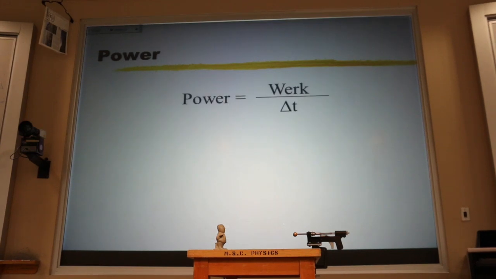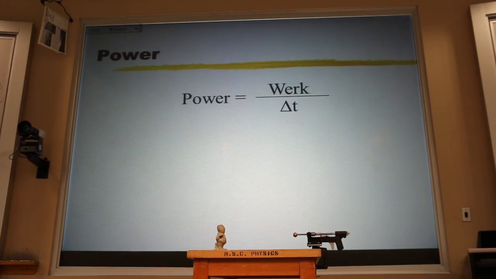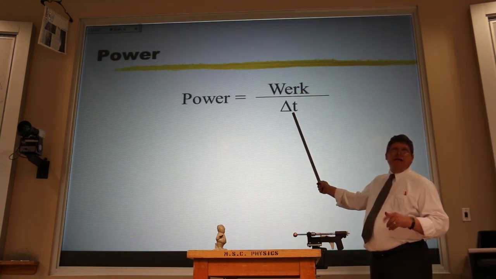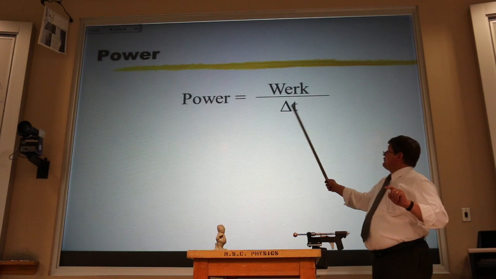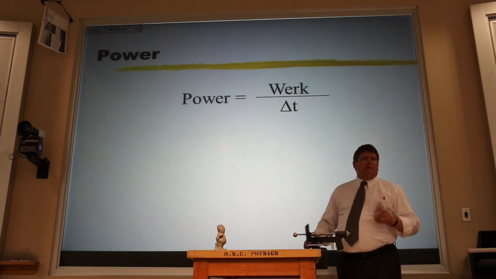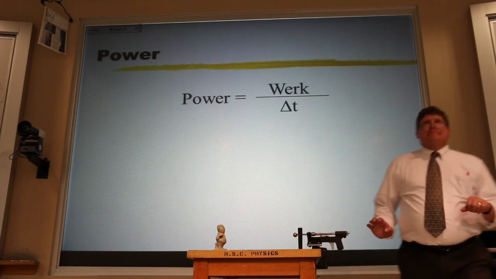Now, I can write that this way. You take the total amount of work, you divide by the total number of seconds, and that gives you power. You can see the interpretation by setting delta T equal to 1 second. If this is 1, then the power is the work that you can do in 1 second.